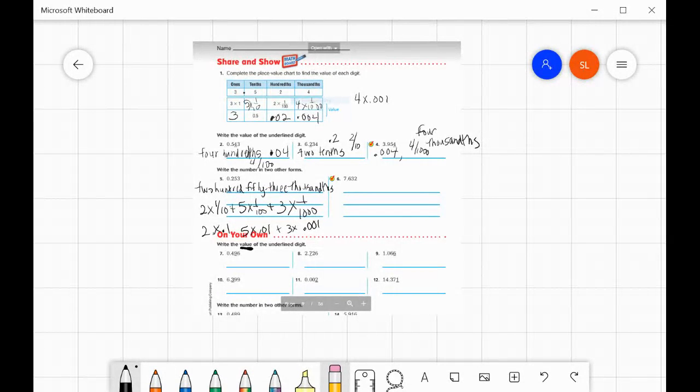All right, our next one, we have a whole number. So when we write that out, we have to say 7 and that's the decimal point right there. 7 and 632 thousandths.